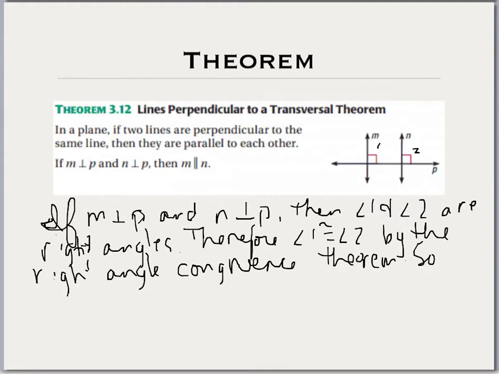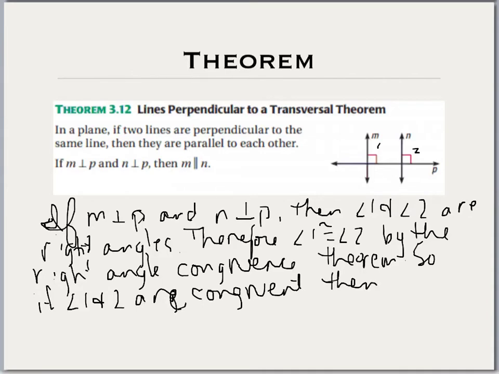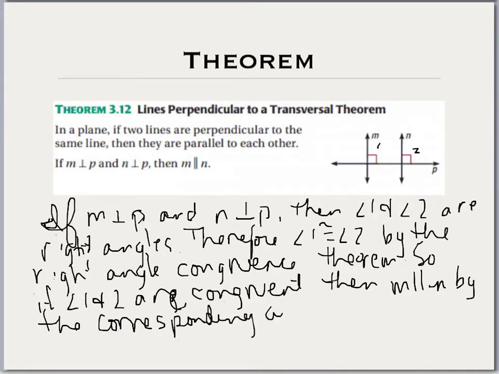So if angle 1 and angle 2 are congruent, then M is parallel to N by the corresponding angles converse.